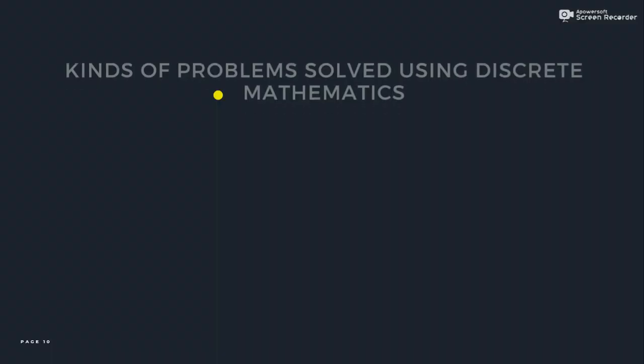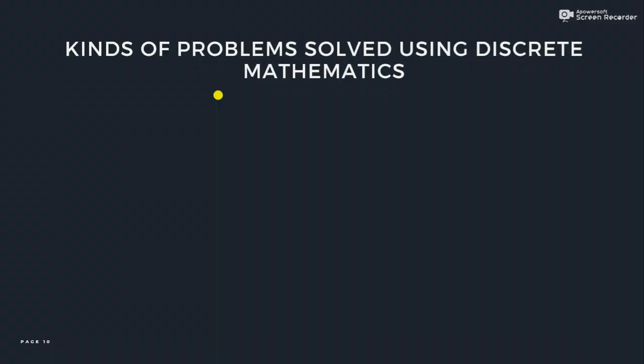So what kind of problems may we solve using discrete mathematics? Here in this slide I am going to give you a few examples of problems which can be solved using the knowledge of discrete mathematics. The first type of problem is how many valid internet addresses are there.